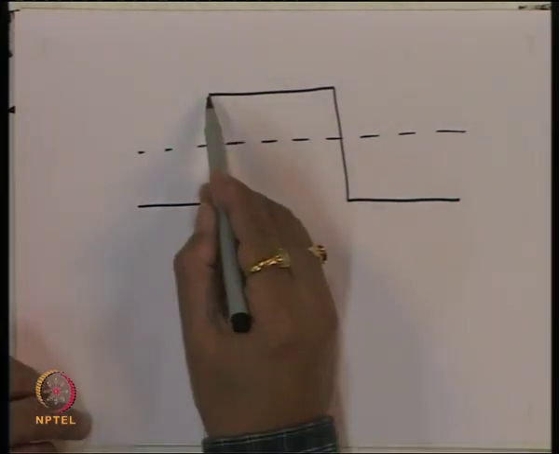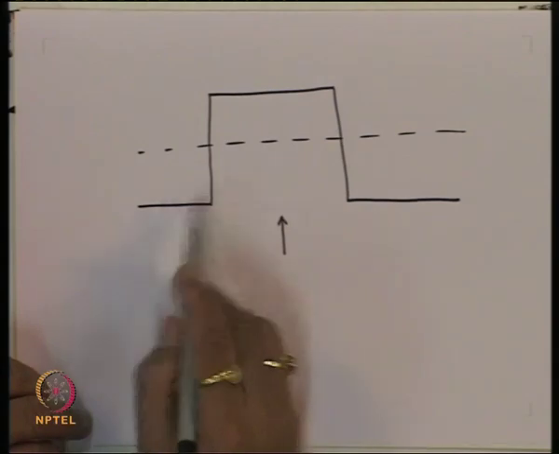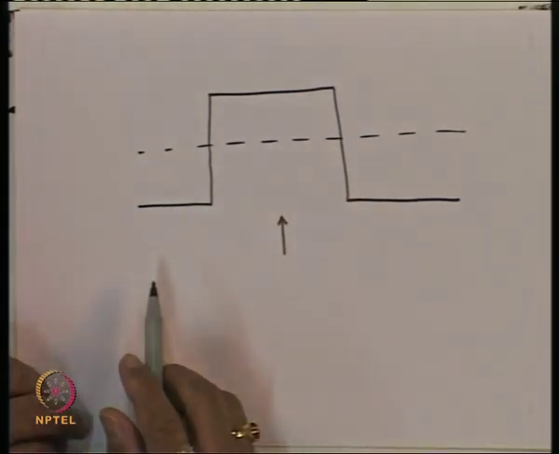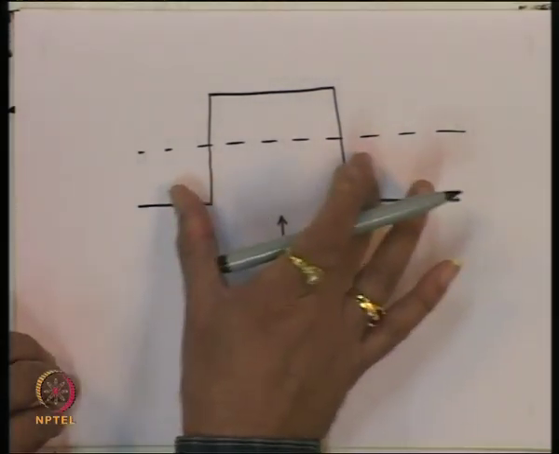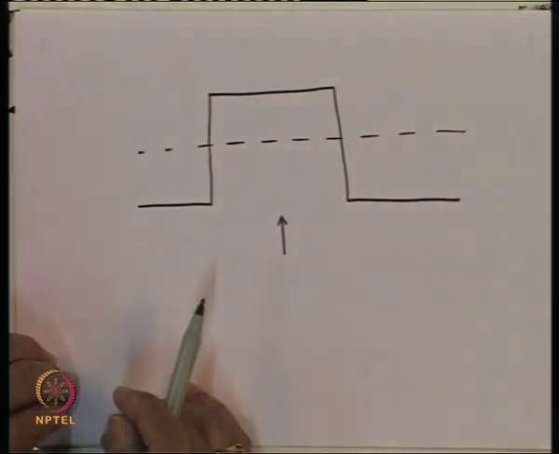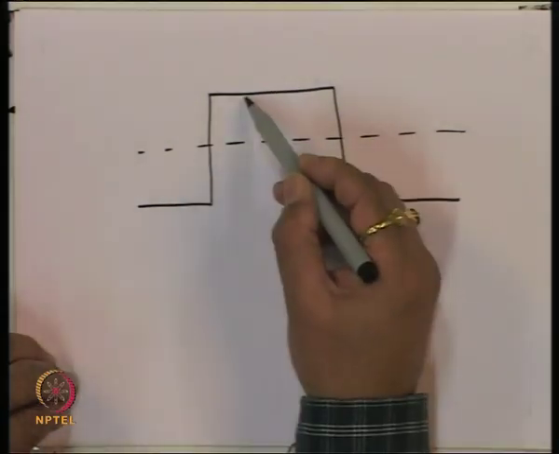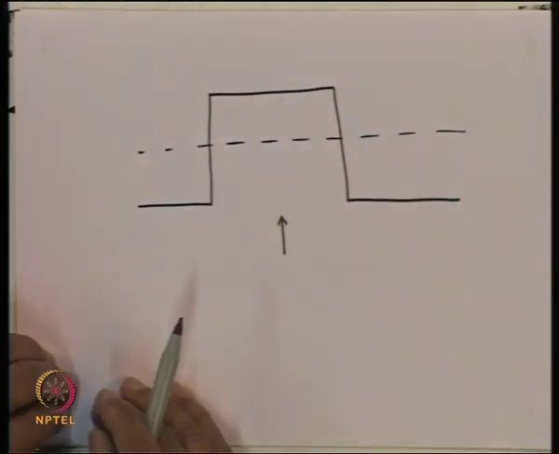So, if you are having a pulse which looks like that, even if you are having a small jitter in the clock, that means if this pattern wobbles little bit, it does not make any difference because you are going to always sample this amplitude.